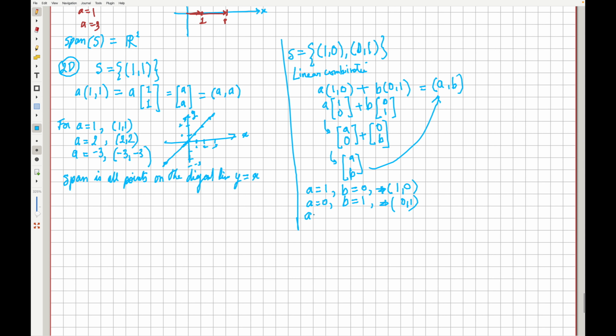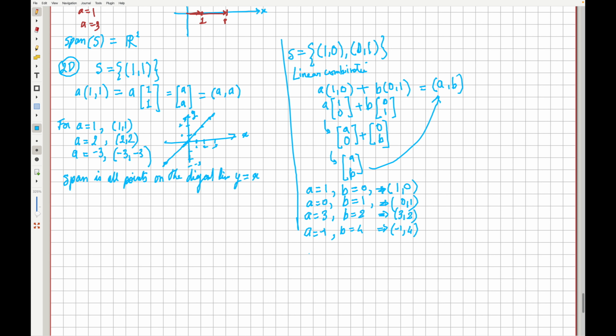If we have completely different values, a is equal to 3, b is equal to 2, then we can reach the vector 3 comma 2, and so on. These can also have negative values, so a is -1, b is +4, then we can reach the vector -1 4.